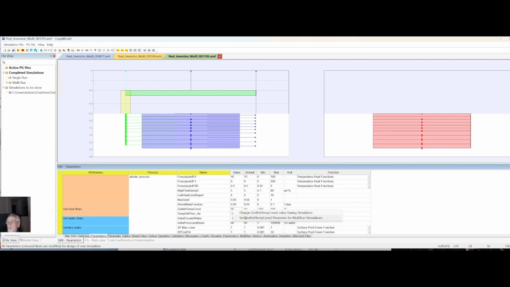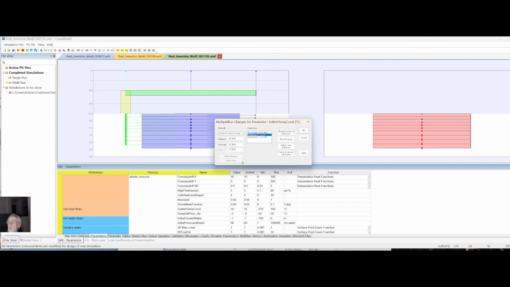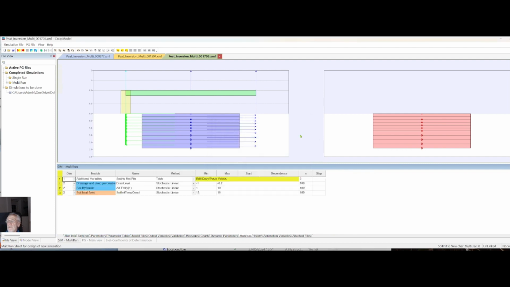Maybe we put it to the multiruns, and maybe we can say that it could be from 12 to 16, and we put that into dimension number 2, and we click on that. So now we have first of all changed the level, and then we are also allowing a range of that as an uncertainty.